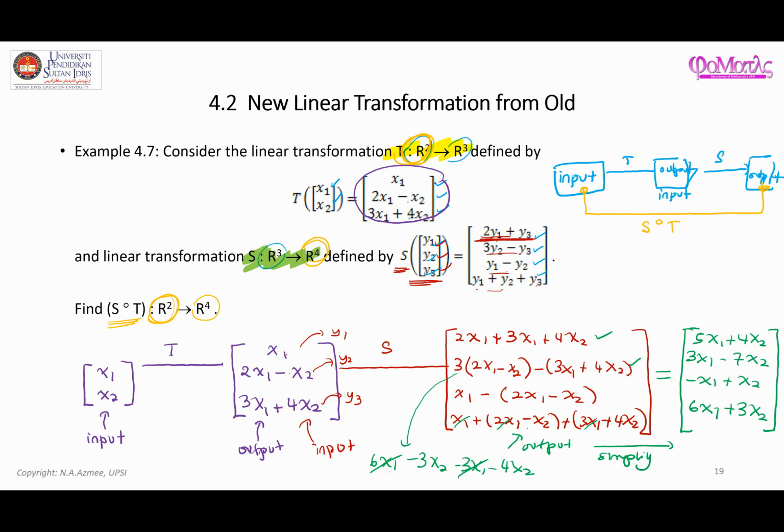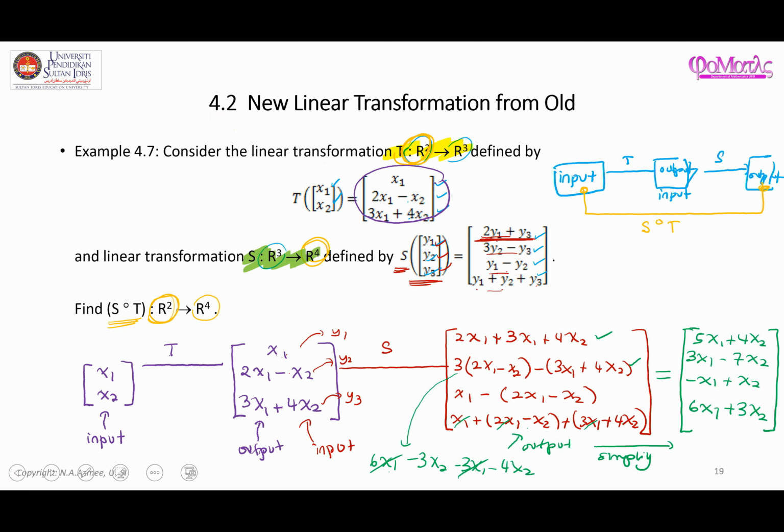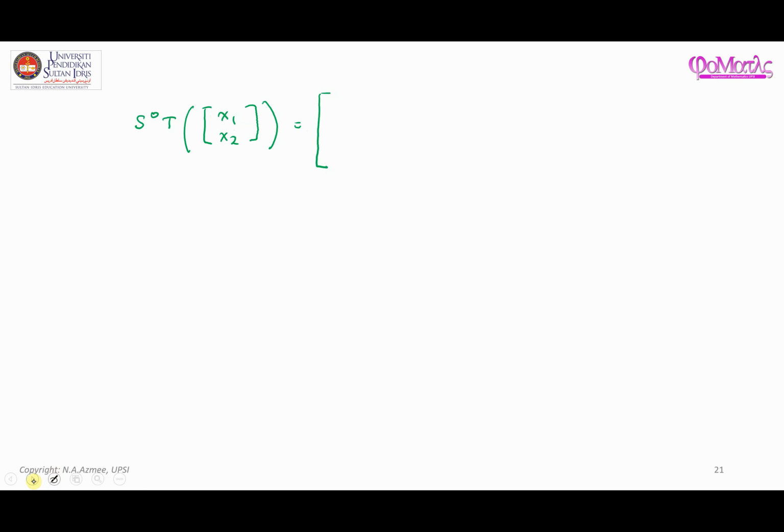So based on the result here, I can then consider that given input x1 and x2, the result is going to be in this way. Oops, sorry. The result is 5x1 plus 4x2 and so on. Oh, okay, I've just skipped one blank space, but that's okay.